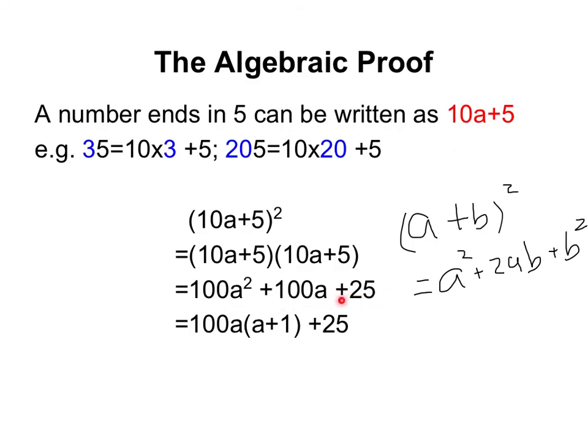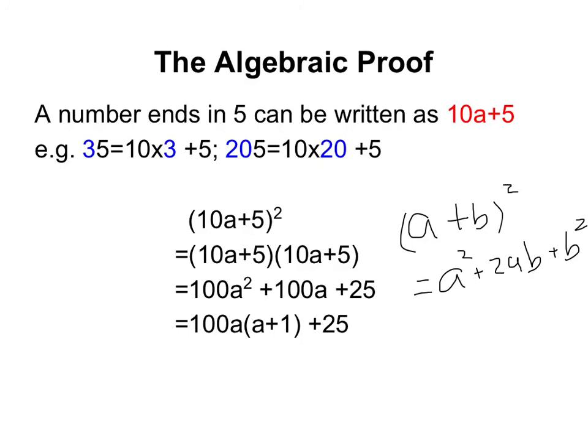And then I'm going to do some trick with this line. I will copy the 25, no change. But for these first two terms, I'm going to factor them. I see that both terms have 100a in them. This term is actually 100 times a times another a. So if I pull out 100a, I still have an a here.